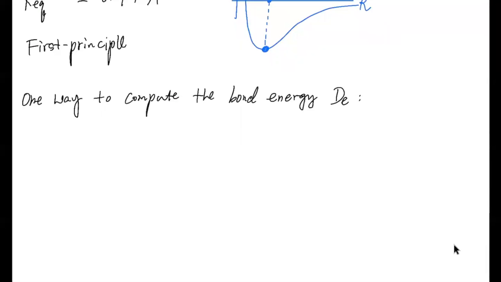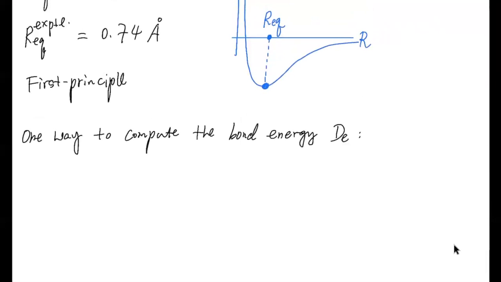Here, capital D means the dissociation energy or the bond energy. The subscript e means you start from the equilibrium point. You start from here, and you simply look at infinity, what is the energy there, right? And then you take the difference. This is D_e, your equilibrium bond dissociation energy.